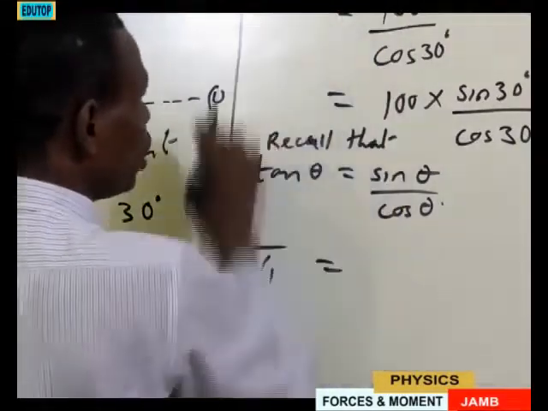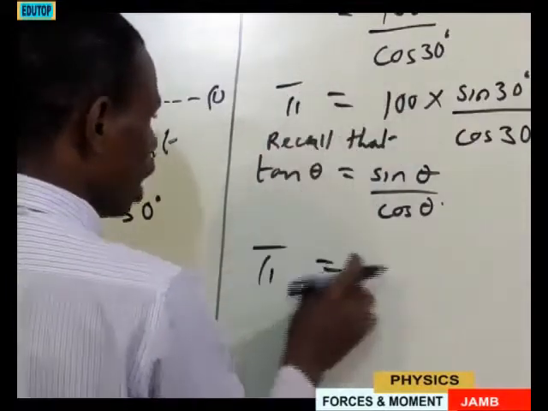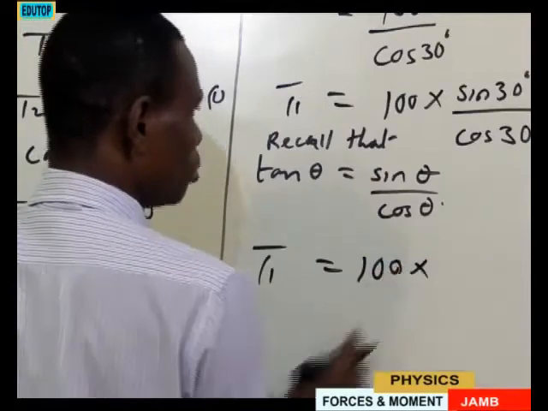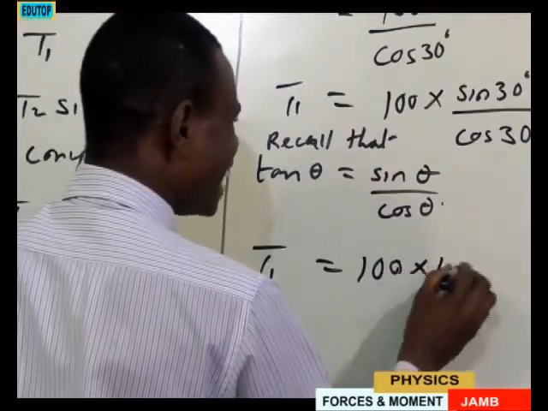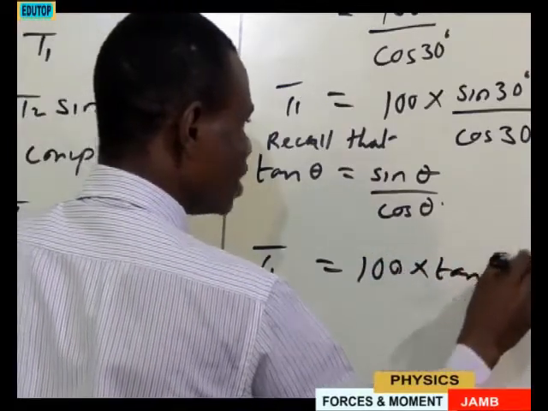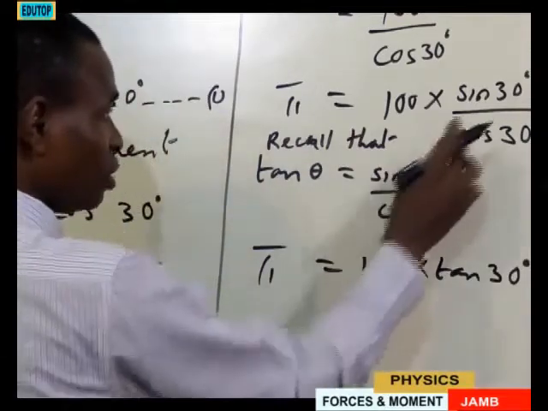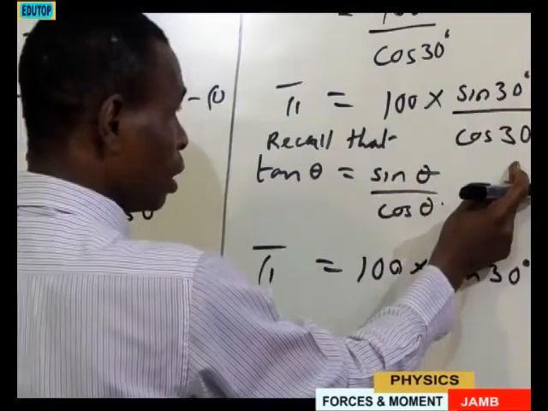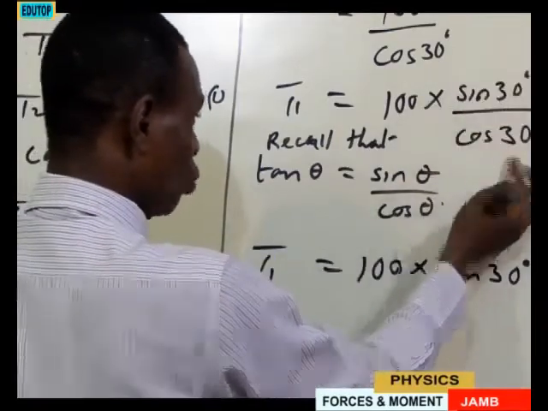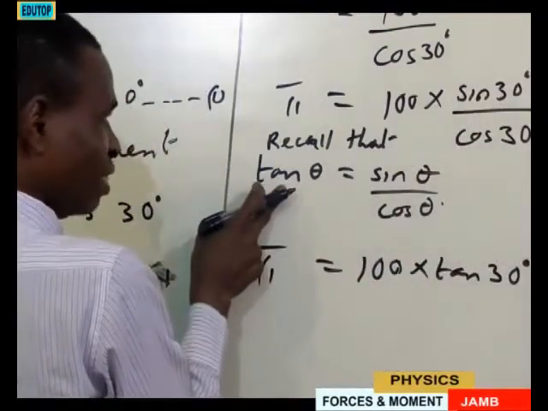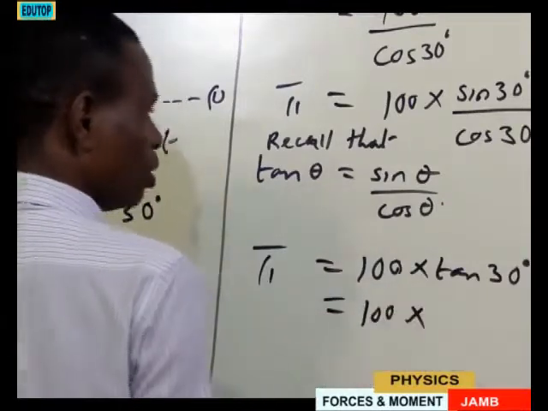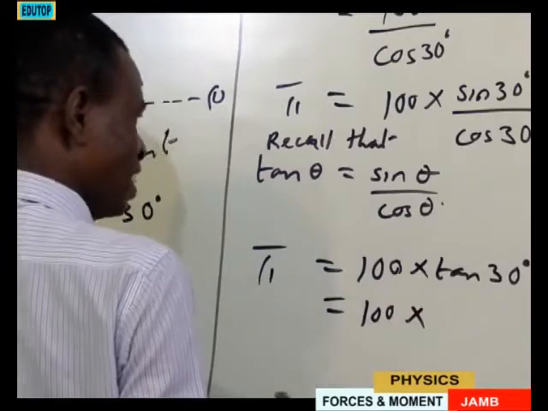So T1 will now be equal to 100 times tan 30. Instead of having sine theta over cos theta, we have tan theta, which gives 100 times tan 30.